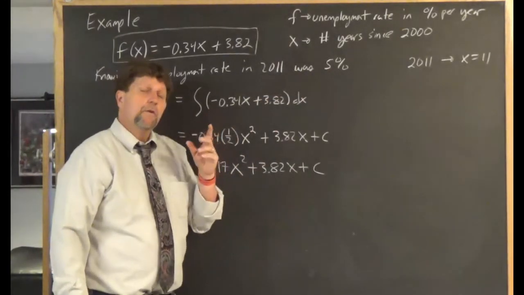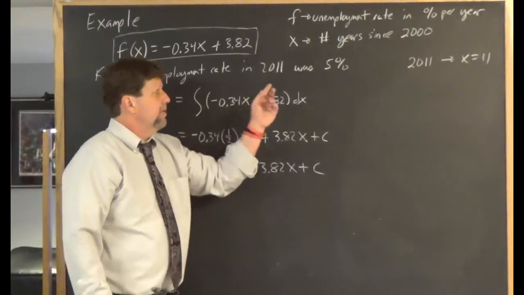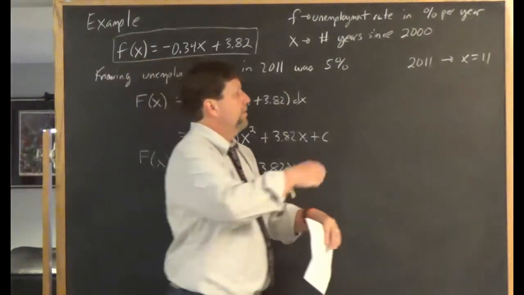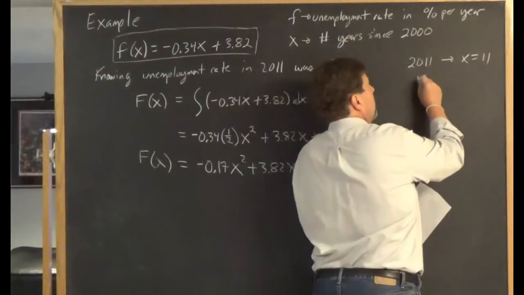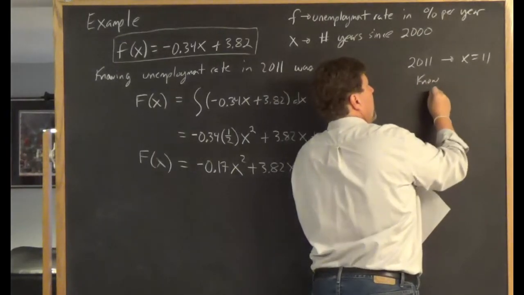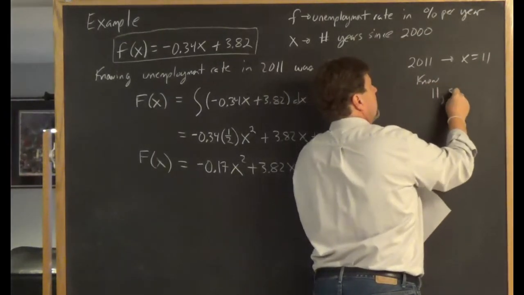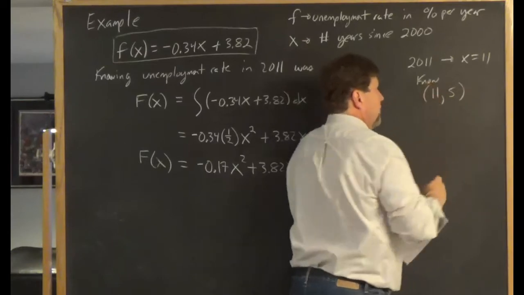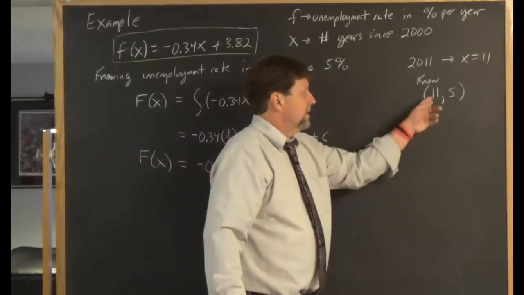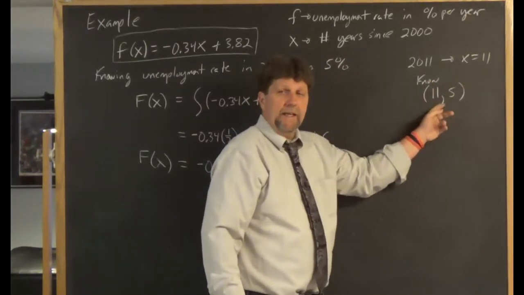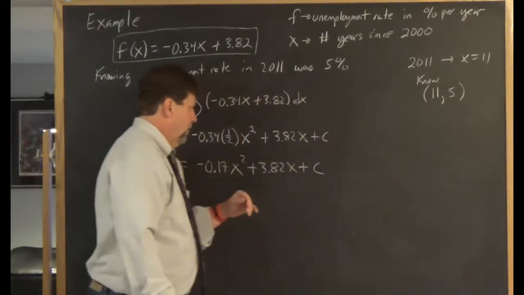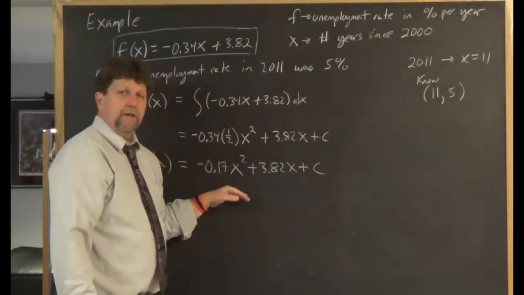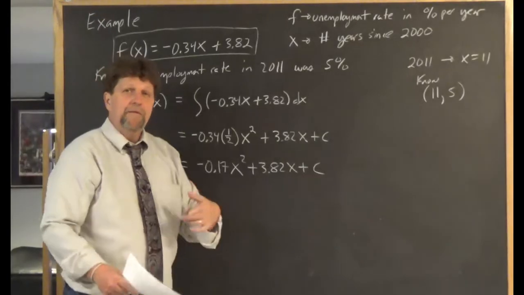It's almost as if that's a y coordinate. It's almost as if what we know right now is that when x is 11, the y value is 5. So it's this point, 11, 5, that would be on the graph of this function. That helps me find c.